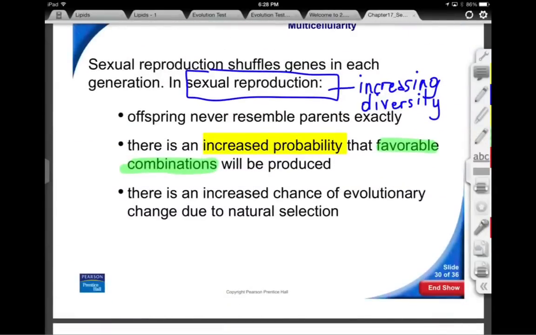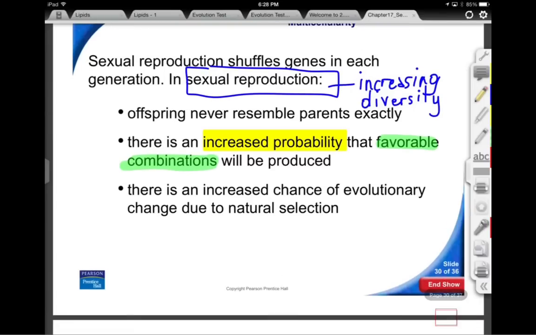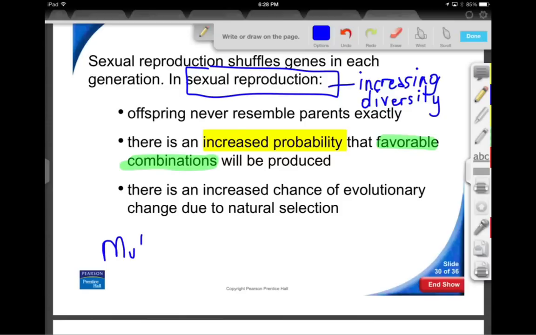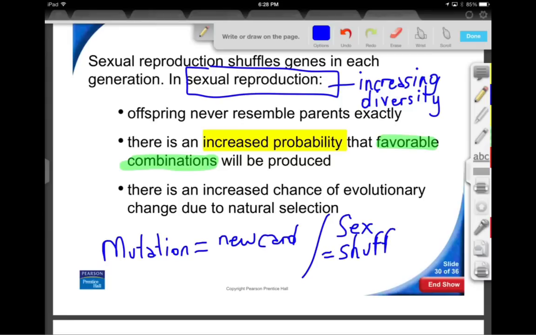So before I leave this, what I should say is that if you think of a deck of cards, think of mutation as being sort of a new card in the deck. And then think of sex as shuffling the cards to try to get a favorable combination.